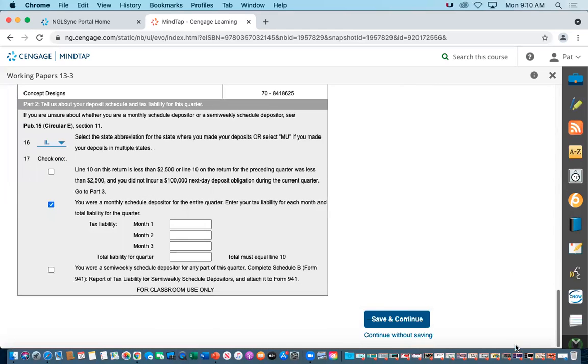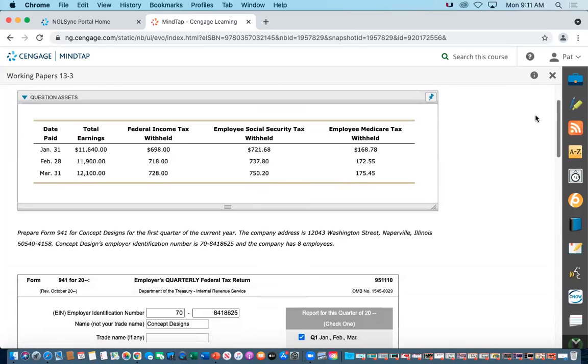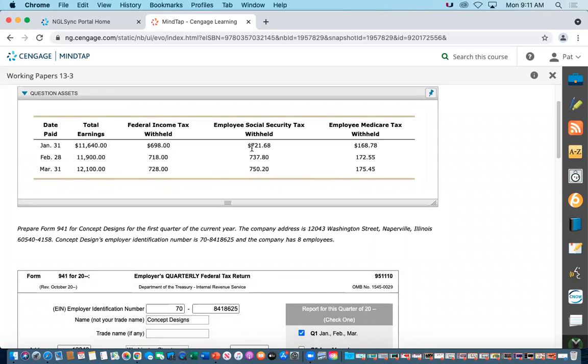So down here, they want us to summarize the monthly taxes. Well, you need to take $721.68 times 2. Okay, why? Because that's employee and we need to pay the employers also.